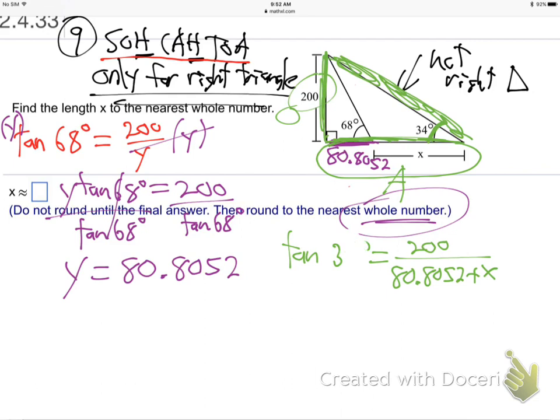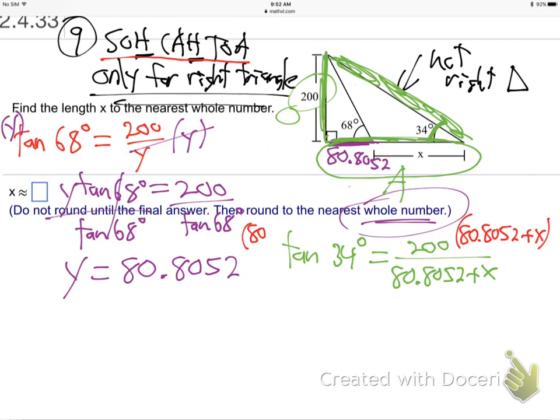Okay, so now can we solve for x? What do we always do when we've got a fraction? Whatever's in the denominator, simple number, simple letter, or a big mess, you multiply by it, huh? So I'm going to multiply both sides by that whole denominator, 80.8052 plus x.